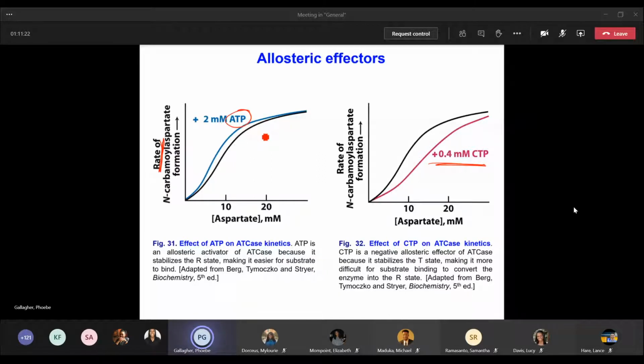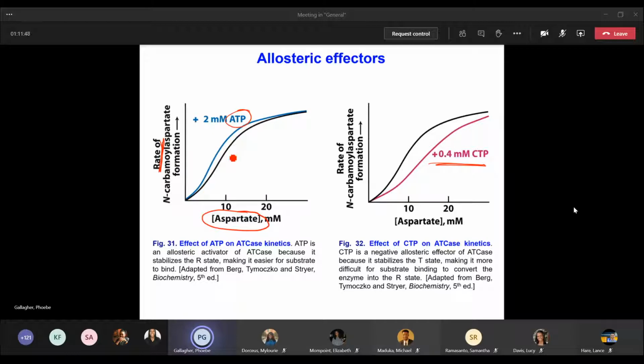If you have an increased amount of ATP, it's going to bind to the regulatory regions on the enzyme and cause a conformational change that is more receptive to binding aspartate. Because it now has a higher affinity for aspartate, it's going to increase the rate of the reaction.